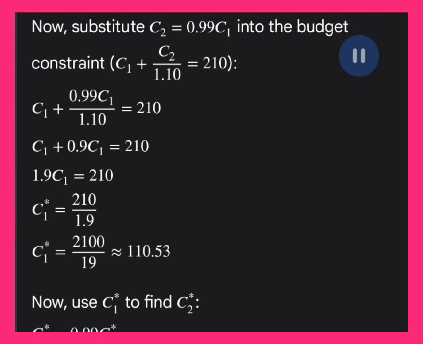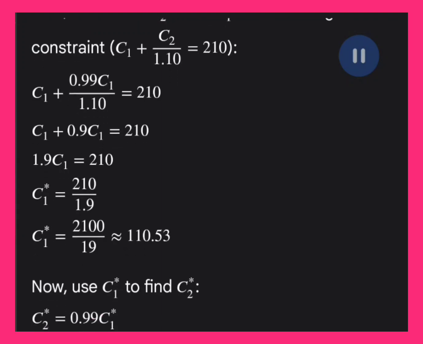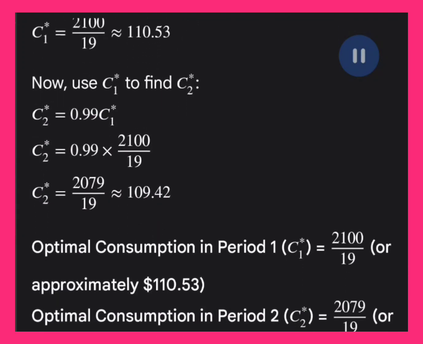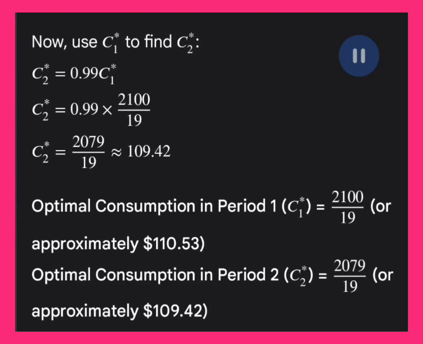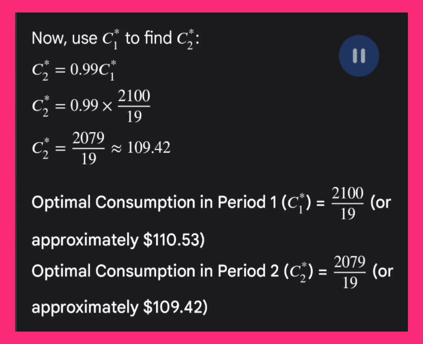Now, use C_1 star to find C_2 star. C_2 star equals 0.99 times C_1 star. C_2 star equals 0.99 times 2100 over 19, which equals 2079 over 19, approximately 109.42.